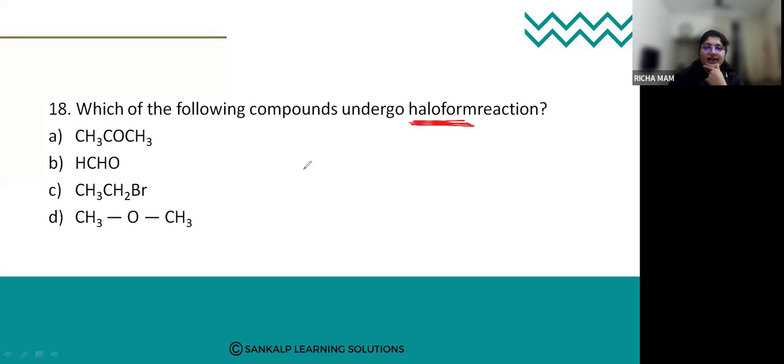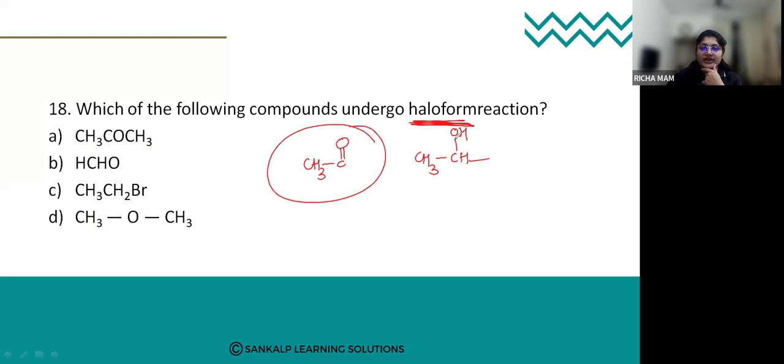Just now we had seen iodoform is best answered by the compounds having the acetyl group, or it should have CH3CHOH group. Such groups should be present in that compound, so they will only show the haloform test. Which compound has this acetyl or CH3CHOH group? It is A, acetone. So acetone will show your haloform test. Yes, option number A is the correct answer.